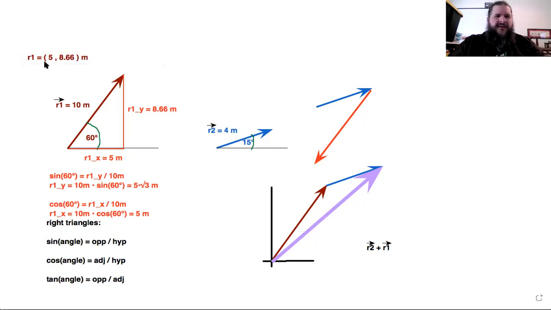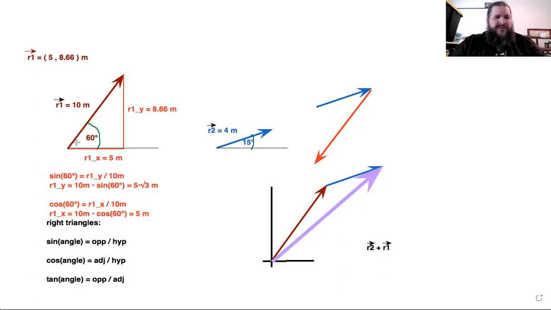You could write it as 5 meters, comma 8.66 meters, or 5, comma 8.66 meters. Essentially, we're factoring out the units. So vector R1, I should really draw a vector sign on that. Vector R1 can be described as 10 meters in the 60-degree direction, or vector R1 can be described as 5, comma 8.66 meters. Two different ways of describing exactly the same thing.